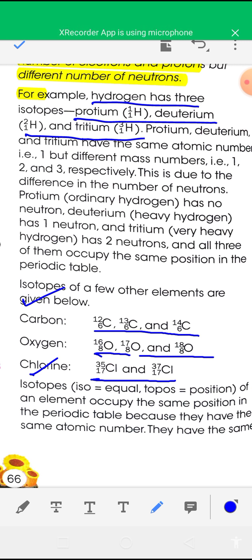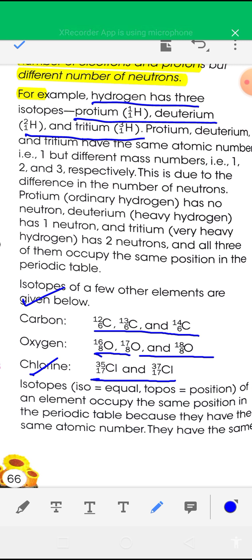Okay, so isotopes are atoms of the same element, because they have the same atomic number, the same number of protons in the nucleus, but due to the difference in the number of neutrons in the nucleus, their mass numbers are different.